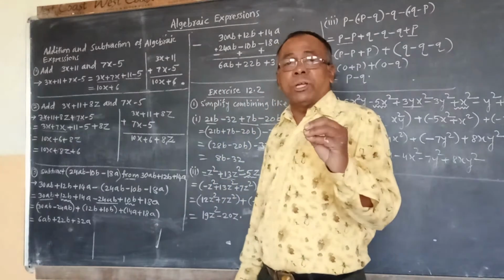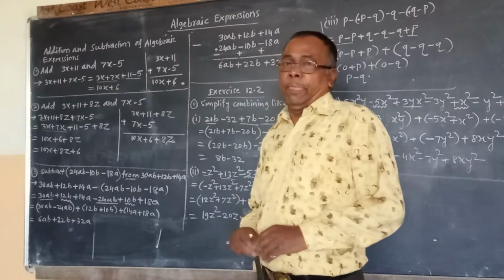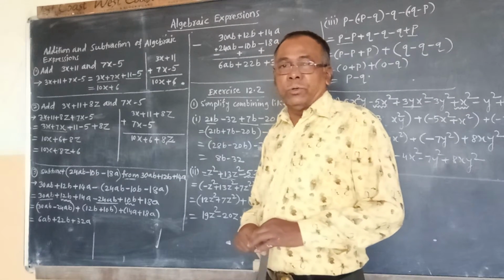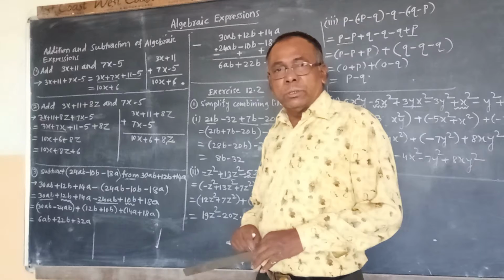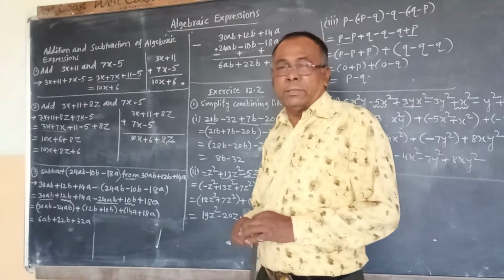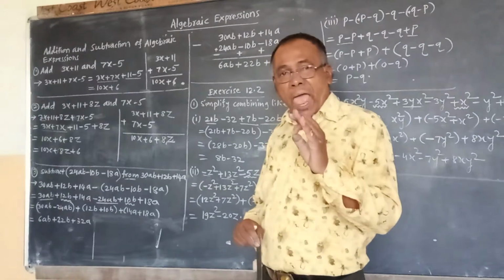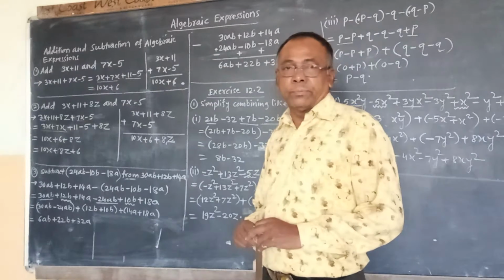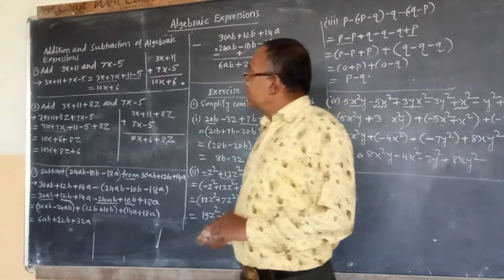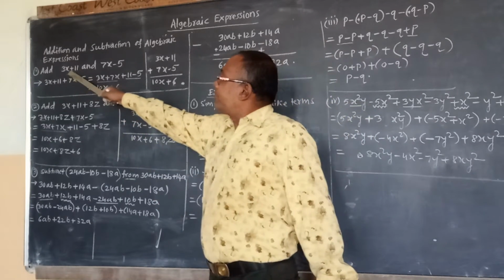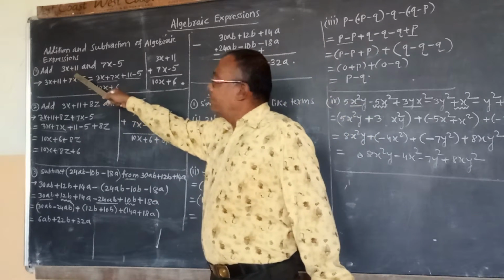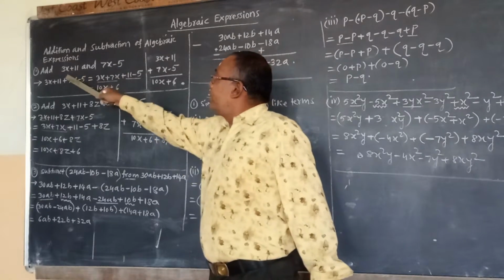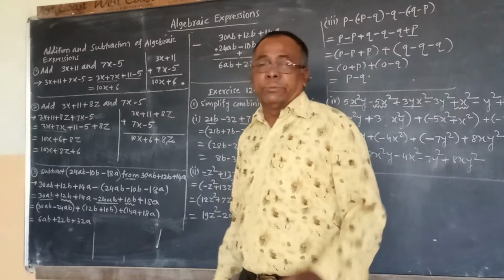For the addition as well as subtraction of algebraic expressions, we must understand that we have to add or subtract only like terms. Here in the first expression 3x plus 11 and 7x minus 5, 3x and 7x are like terms.